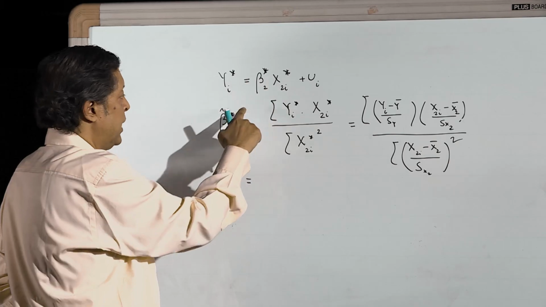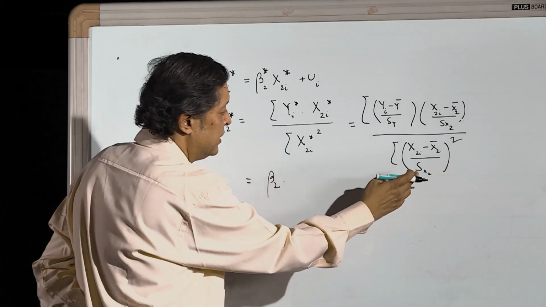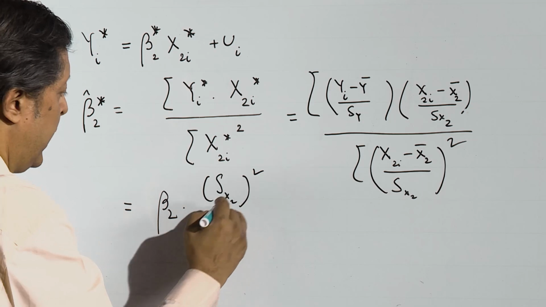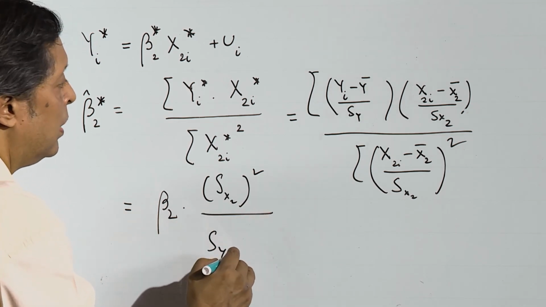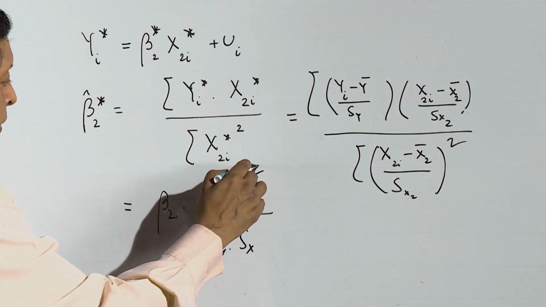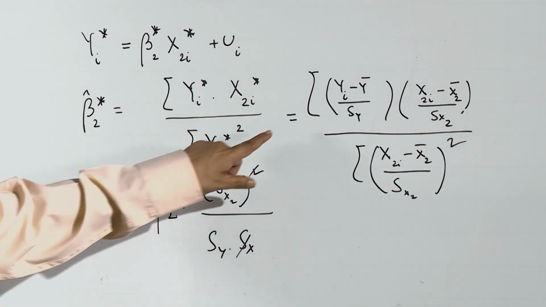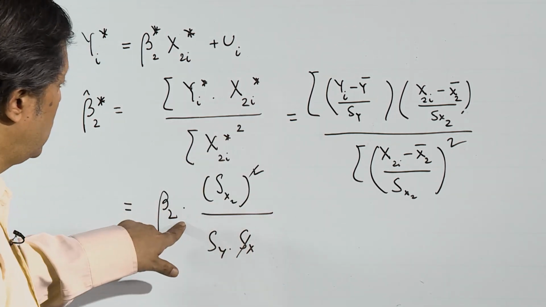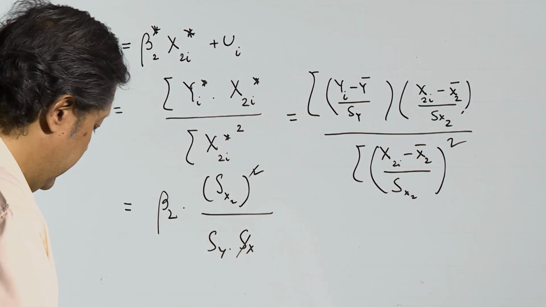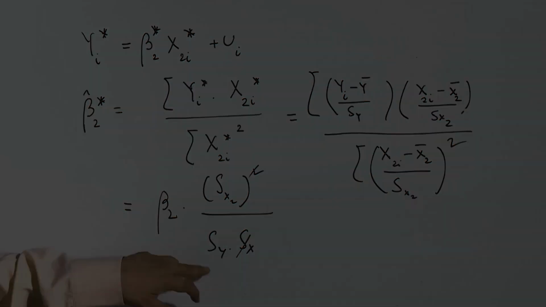So, beta 2 star hat will be beta 2 times s x 2 squared divided by s y times s x, and so one of these gets cancelled. So, you have beta 2, which is our original one, and we have beta 2 star hat as beta 2 s x 2 divided by s y.